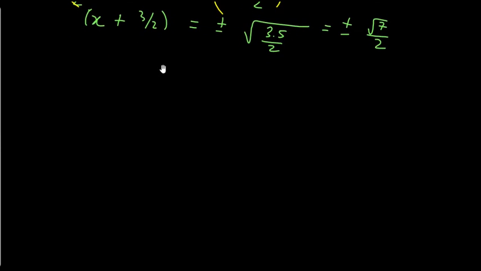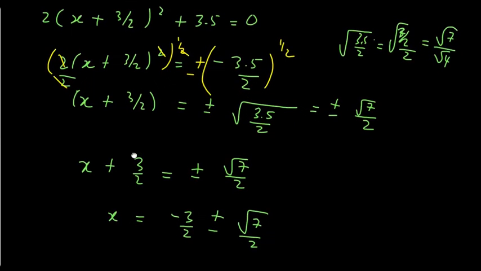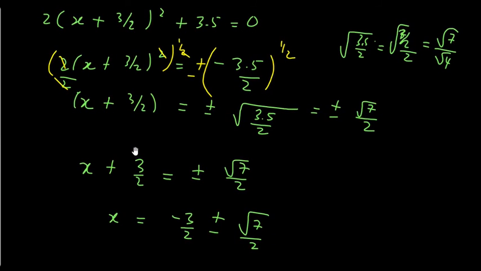And so x plus 3/2 is equal to plus or minus square root of 7/2, right? So x is now minus 3/2 plus or minus square root of 7/2. And I think I made a mistake somewhere. Yeah, I left the negative.